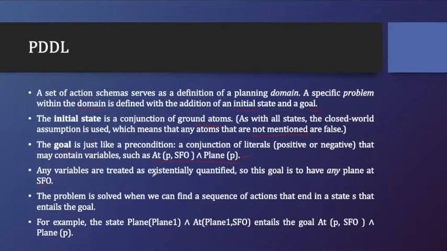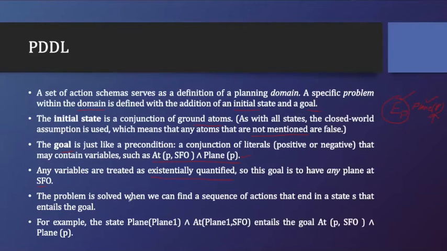So here we use an existential quantifier, but we cannot represent the existential quantifier explicitly in PDDL. This is how we would represent an existential quantifier with the variable, let's say exists P, where P is a plane, right? So this we do not use here, we'll use this only. And we always assume that P is taken as the existential quantifier.